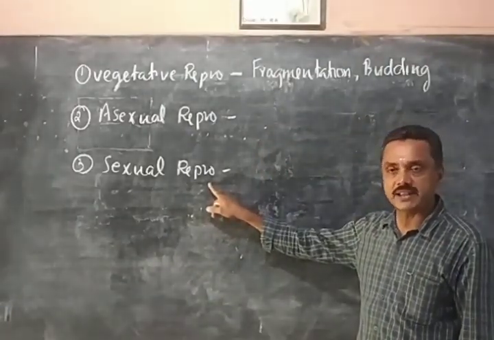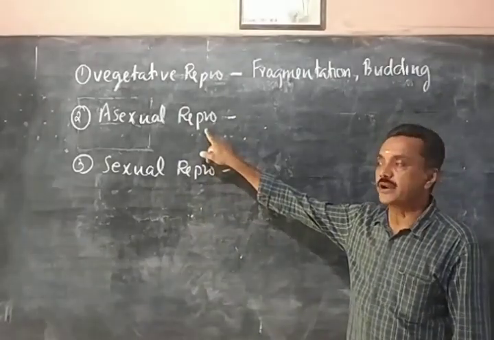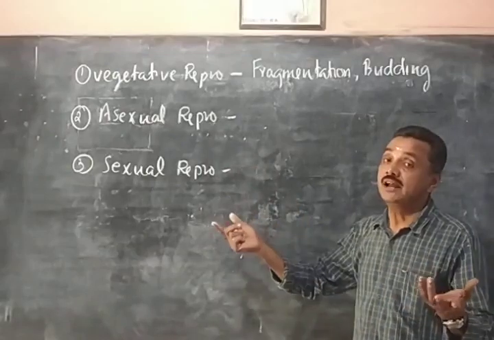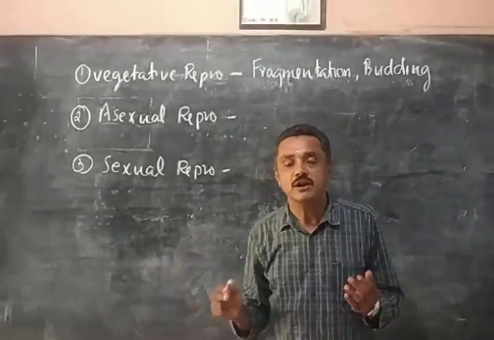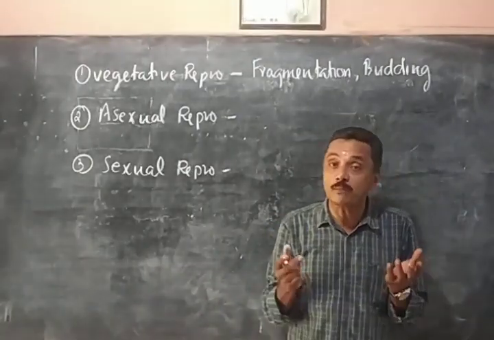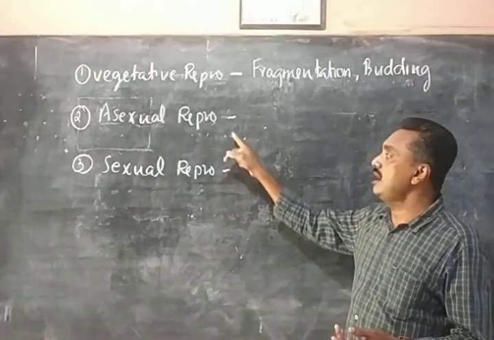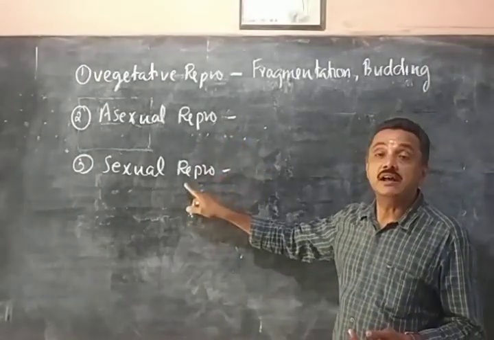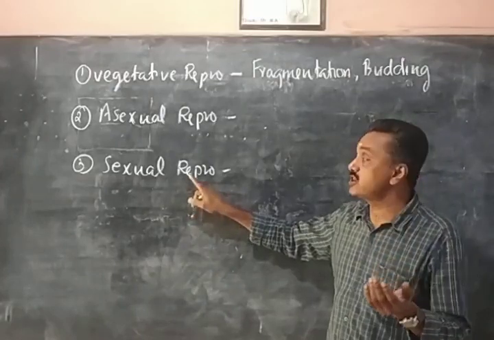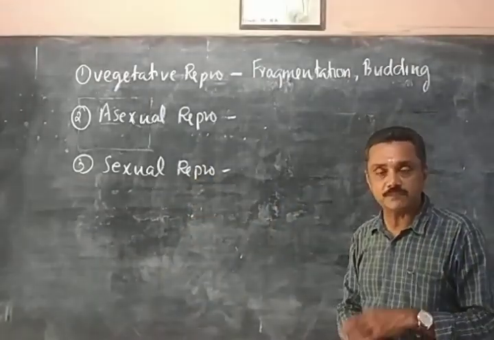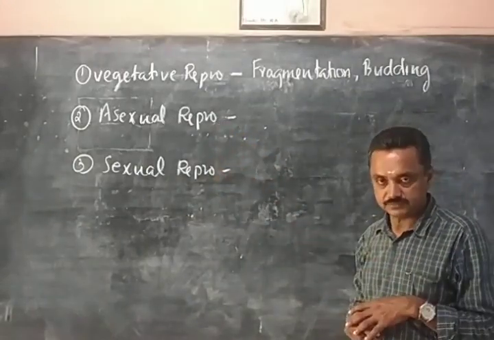But in asexual reproduction, there is no formation of male and female gametes or zygote. And if there is formation of male and female gametes, such reproduction is called sexual reproduction.